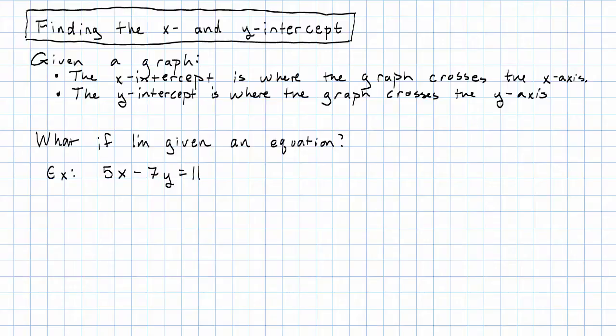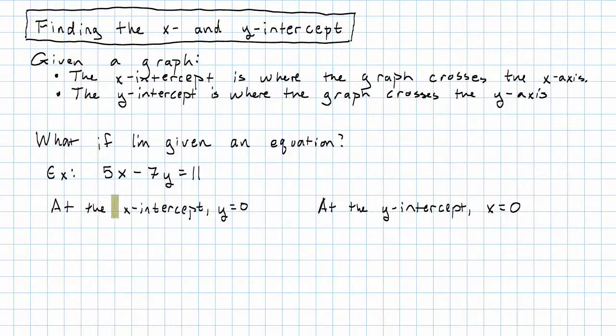Let's say I'm given the equation 5x minus 7y equals 11, and I want to find the x and y intercepts. Well, remember the observations that we made about the other coordinates of the intercept.